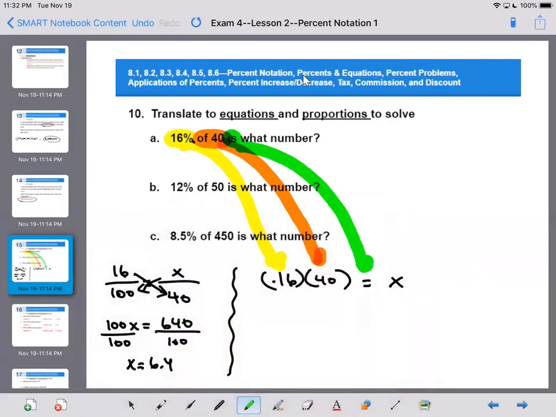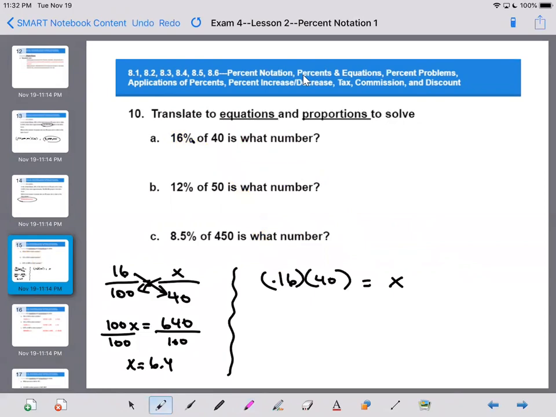And then what number are we talking about? There's your x. So if we multiply 40 by 16 hundredths, we're going to get 6 4/10. It's the same thing we would get if we used a proportion.